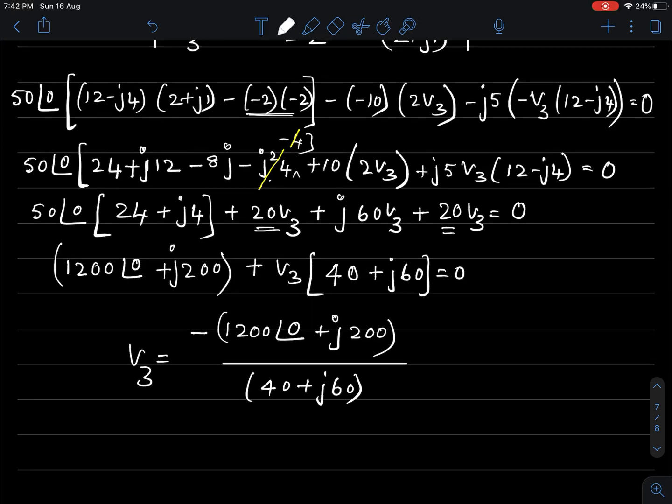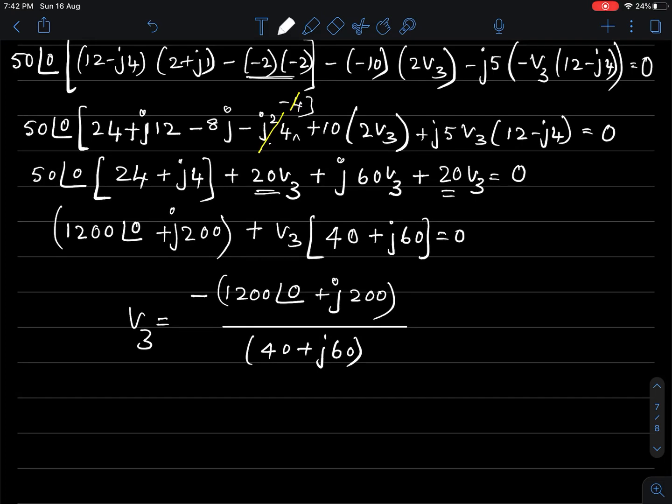Okay, so I use a calculator, give me a minute, I will compute this V3. I have to feed this minus 1200 at an angle 0 plus j of 200 within the bracket, the negative sign, divided by 40 plus j60, which will give me the result as minus 11.53 plus j12.3, in parentheses, so many volts.